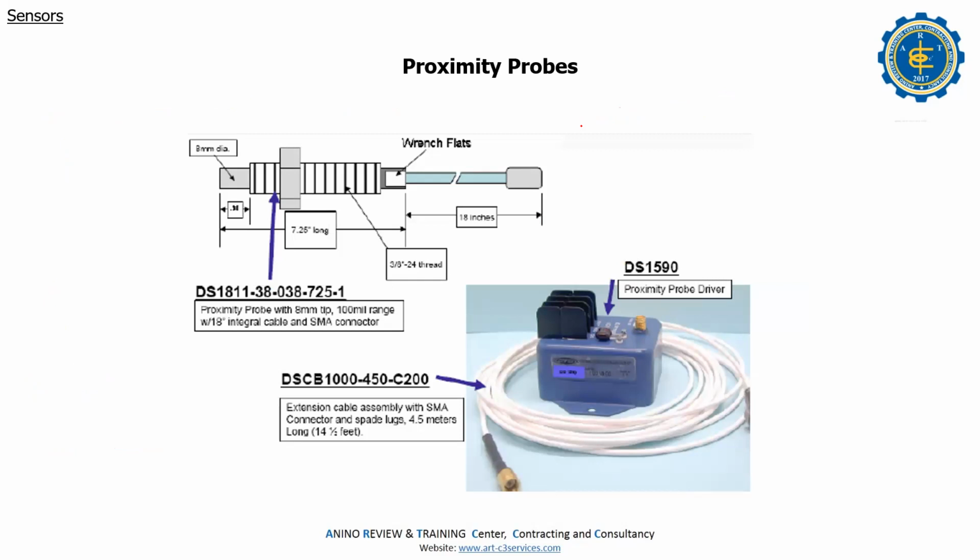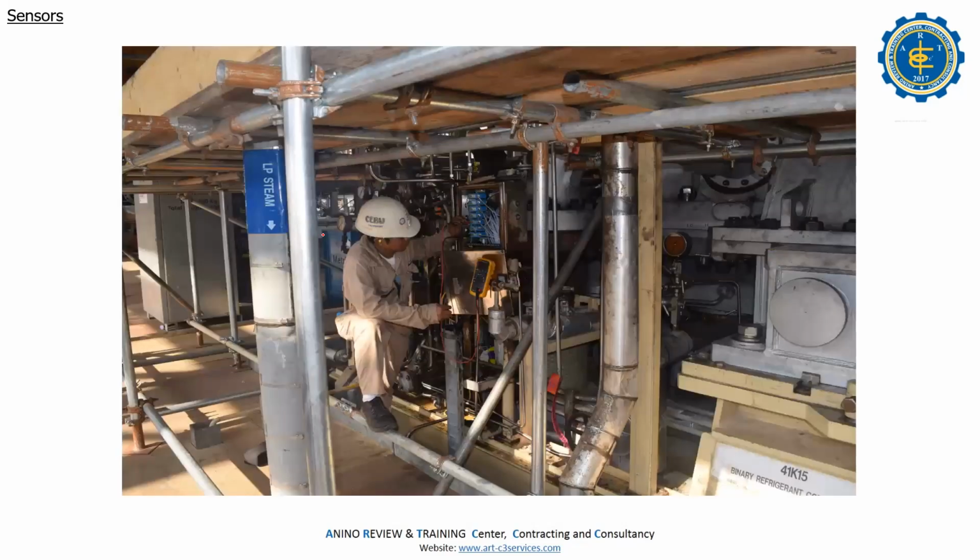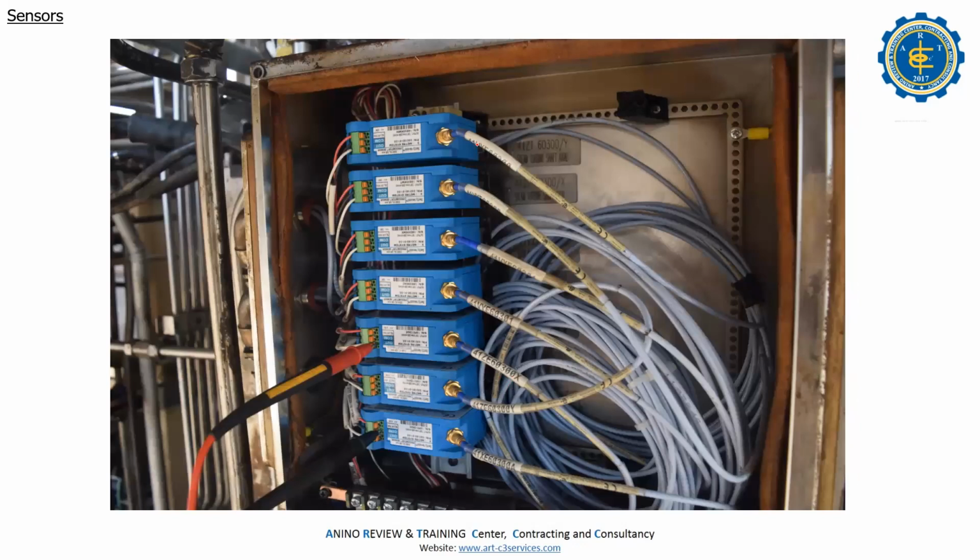So we have the proximity probes. This is the actual in our Chevron. This is our instrument technician. The one who calibrates or installs the proximity probe is the INC, not the reliability.